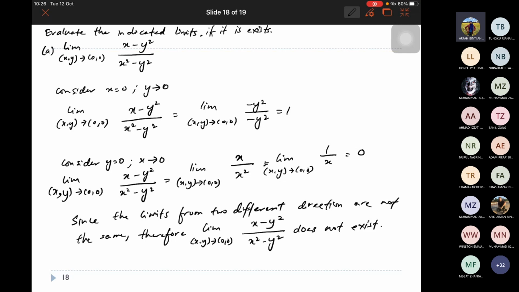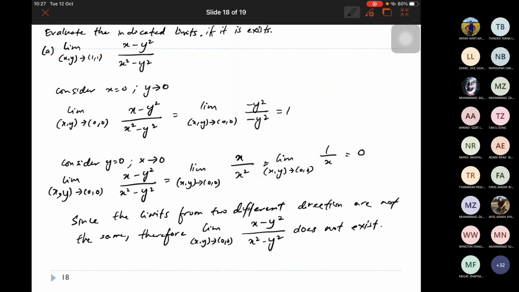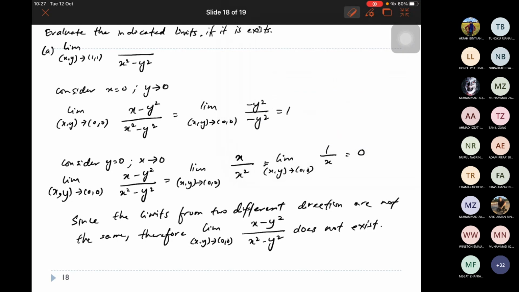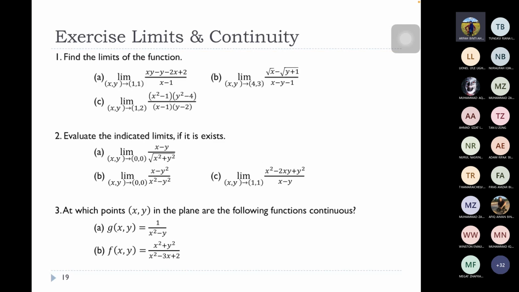Not exist. Betul. Soalan yang C pun not exist. Kalau buat xy approaches 1, 1. Tolak 2xy plus y squared over x minus y. Okay. So consider of x equal to 1.